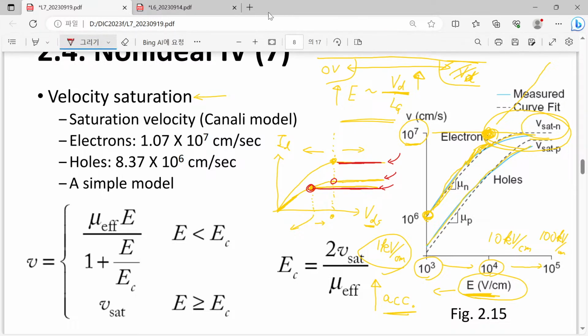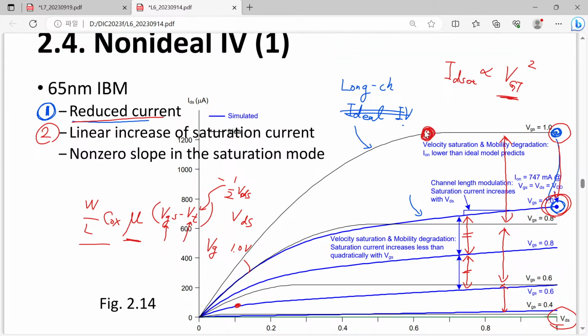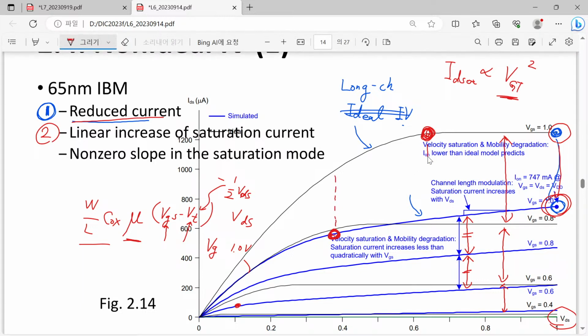So let me just come back. When you have a look at this long channel behavior and this short channel behavior, you can find there are some differences in saturation voltage.